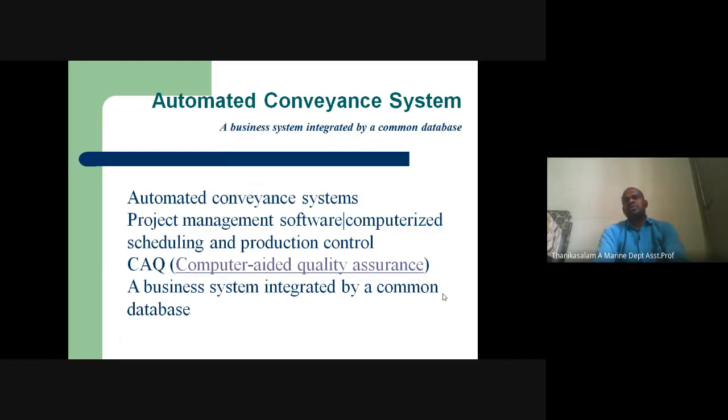By using computers, it is automatically detected whether your product has achieved the quality you designed. This is one of the possibilities in SIM.